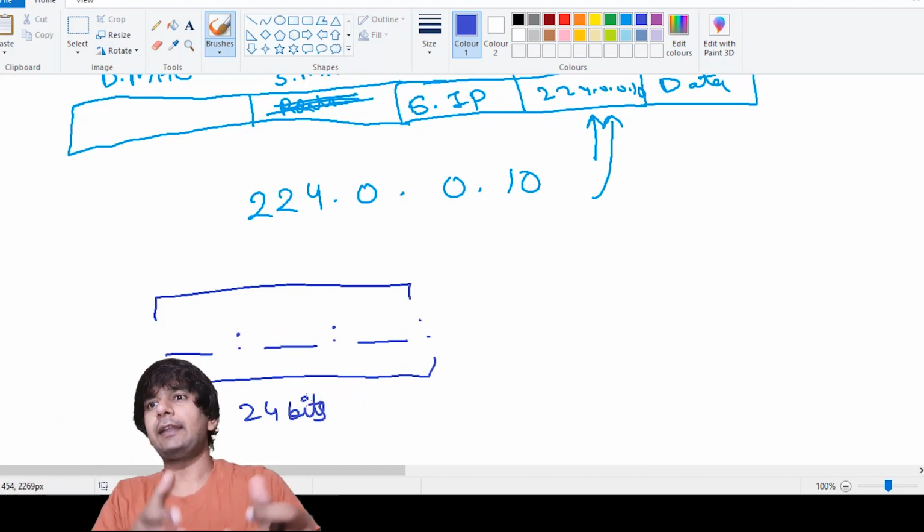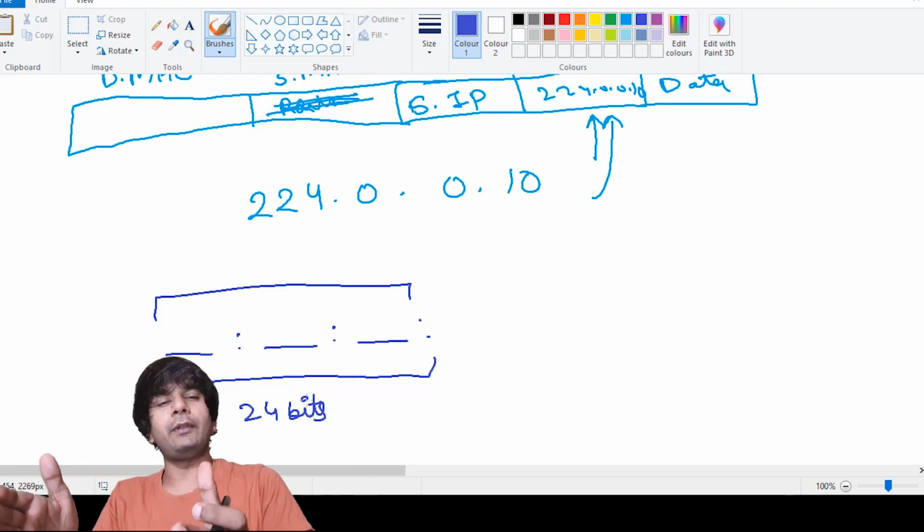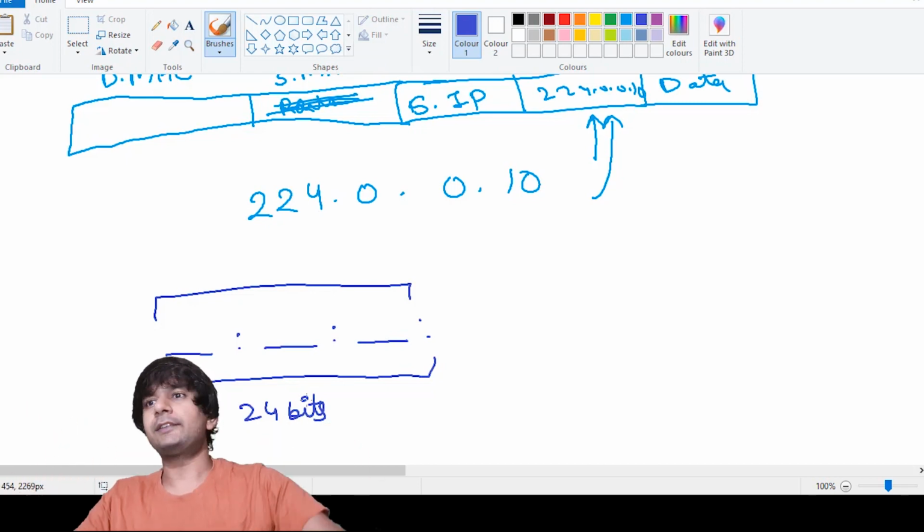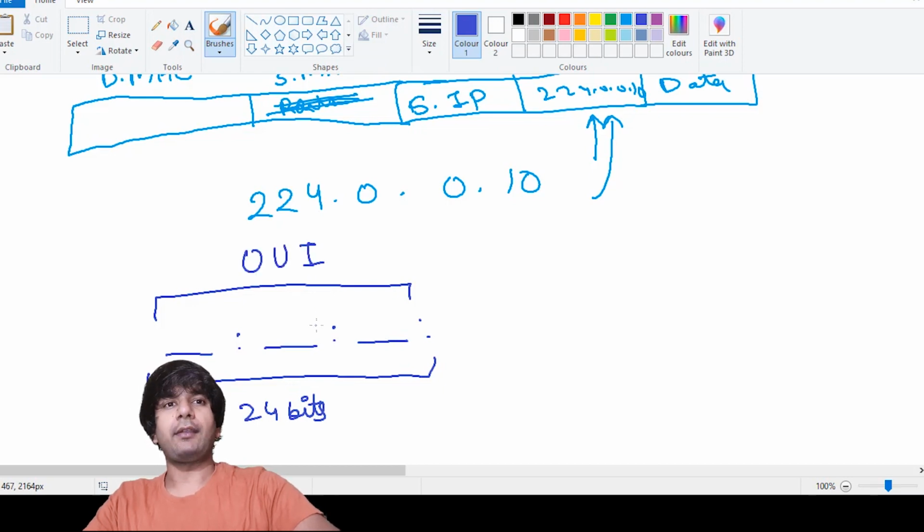So just divide that in half. The first half consists of 24 bits. These 24 bits are called the organizationally unique identifier, OUI, right?